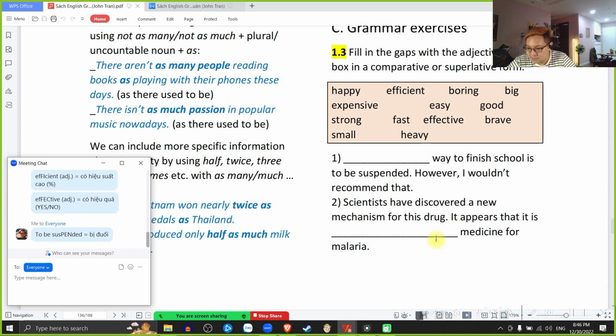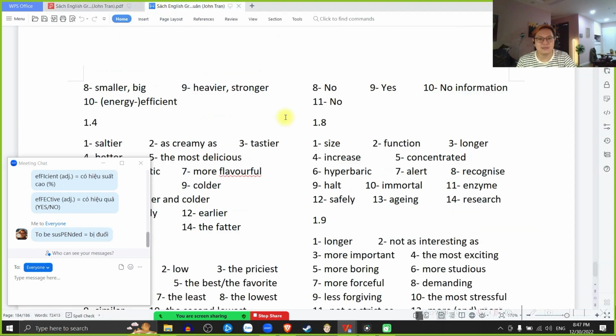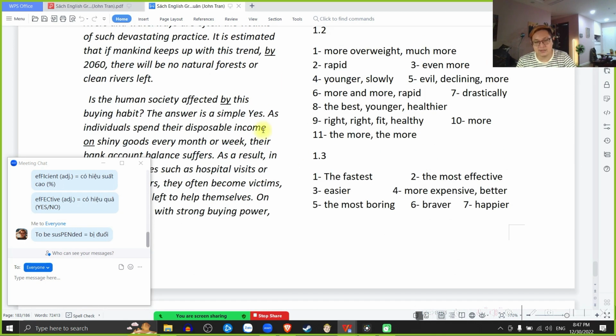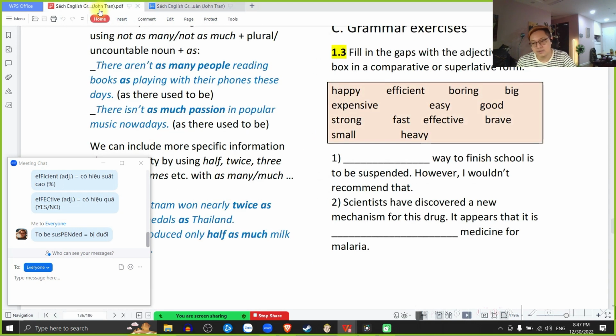Scientists have discovered a new mechanism for this drug. It appears that it is the most effective medicine for malaria.